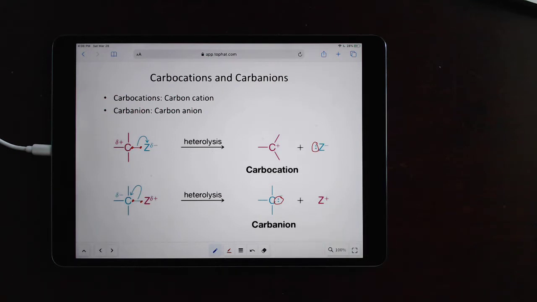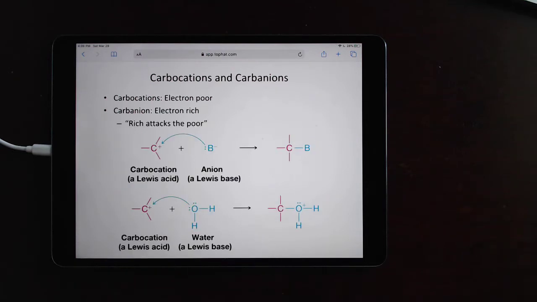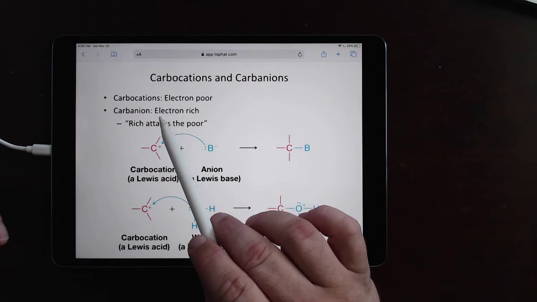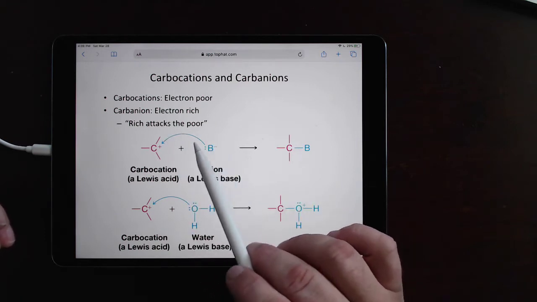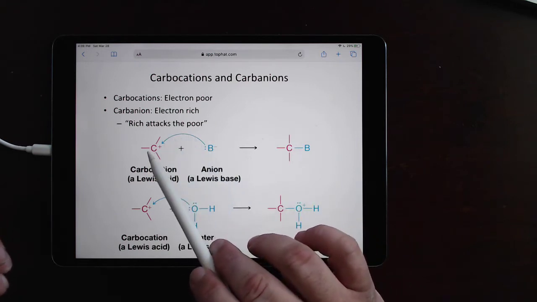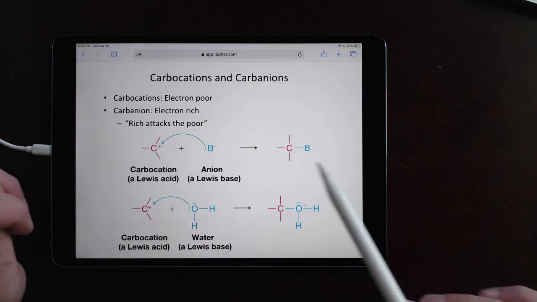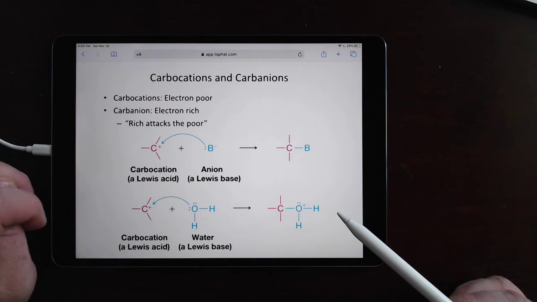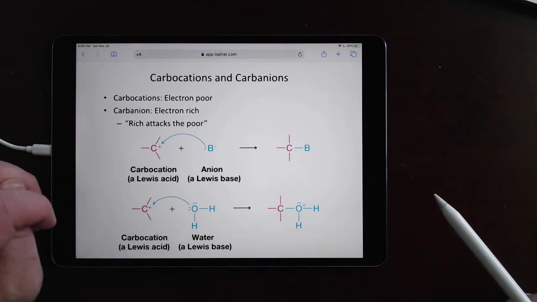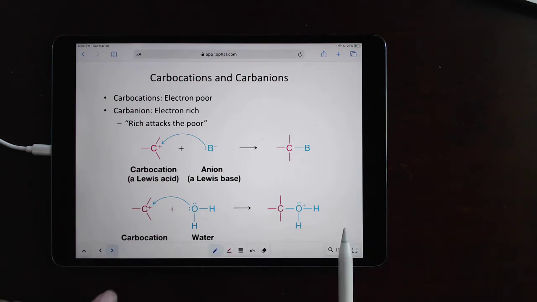So we're going to be using those quite a bit. You have something that's negatively charged is going to attack a carbocation. Or if you have a carbanion, it's going to be attacking something positively charged. Doesn't necessarily matter what it is.